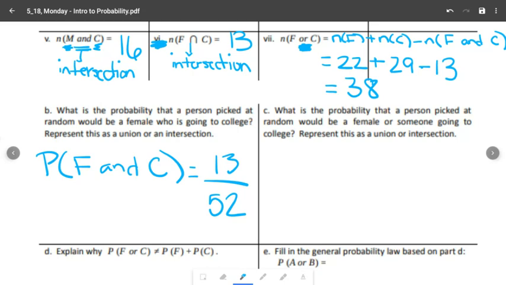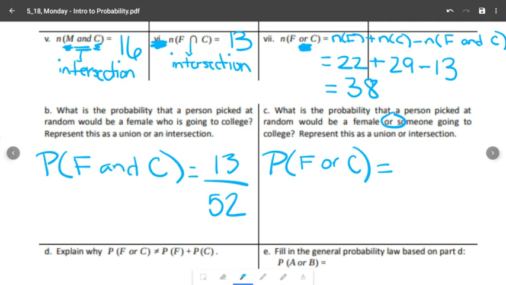C, what is the probability that a person picked at random would be a female or someone going to college? Represent this as a union or intersection. Well, the word or is a nice big giveaway here. We are looking for the probability of a female or going to college.